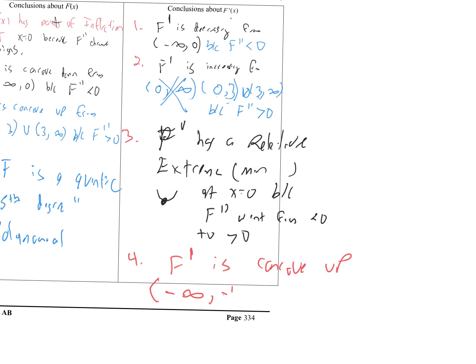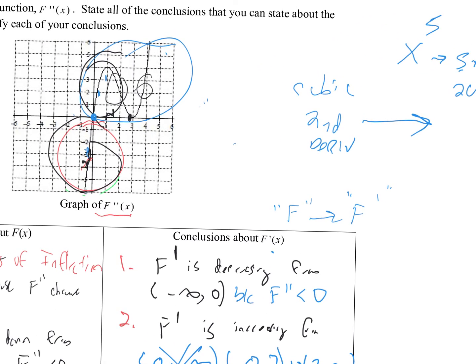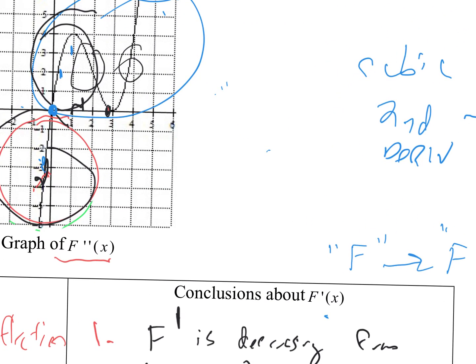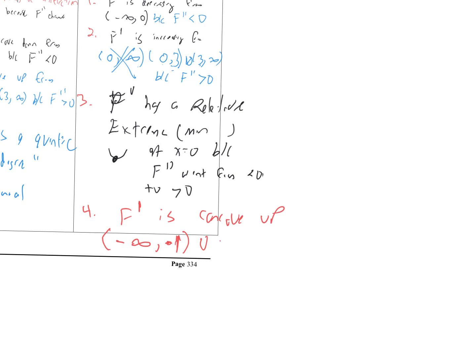To, not negative, positive 1. Union, is there another concave up? Yes, from 3 to infinity. So I got all of this, and all of this, because union 3 to infinity, because f double prime of x is increasing.